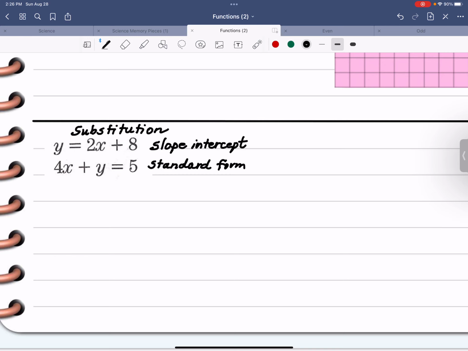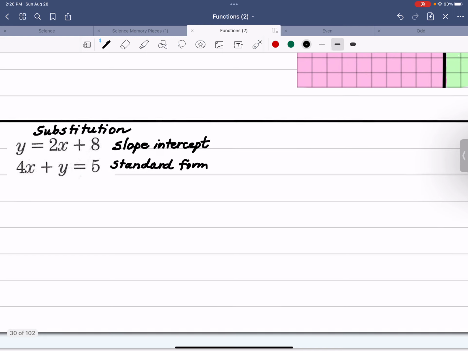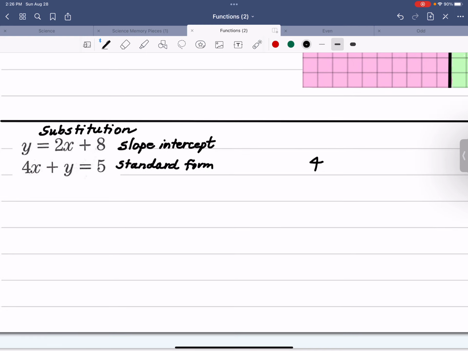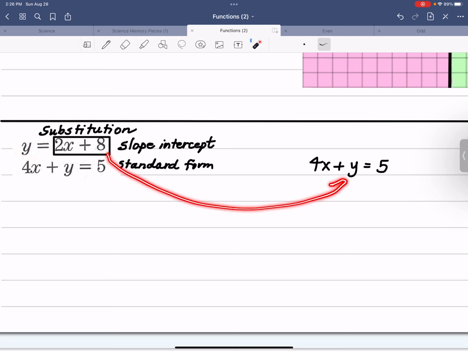You've already got it solved for y. So I'm going to take the standard one. And wherever I see a y, I'm going to substitute this quantity. Now I can do that because y equals this amount. So this amount is going to go in there for y.